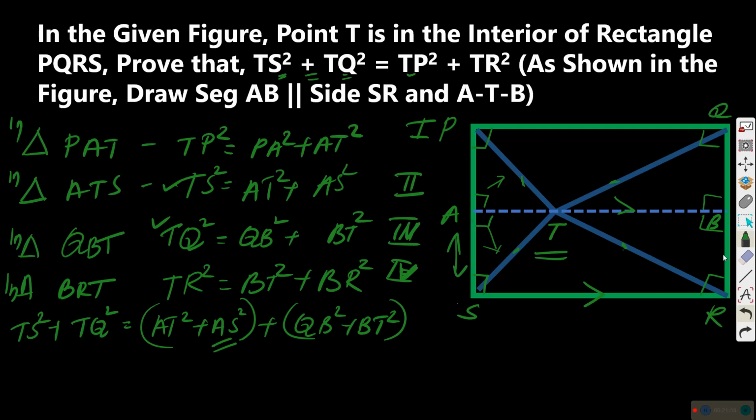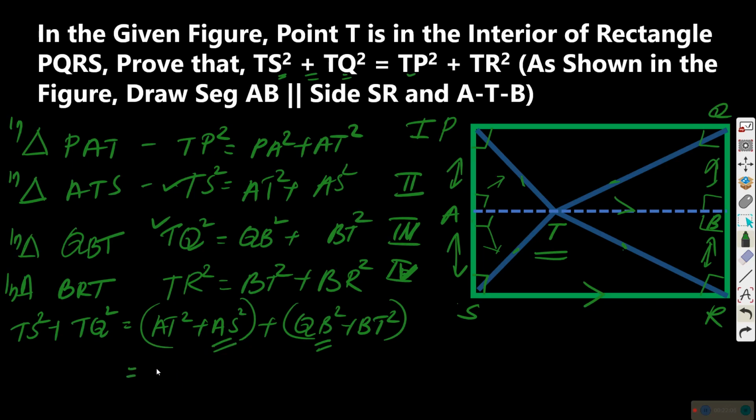Think about AS square, which is equal to BR square, and we will also think about QB square, as I told you. QB square is equivalent to PA square. We will make a substitution of, instead of QB we will substitute PA, and instead of AS we will substitute BR, and we'll rewrite the equation.